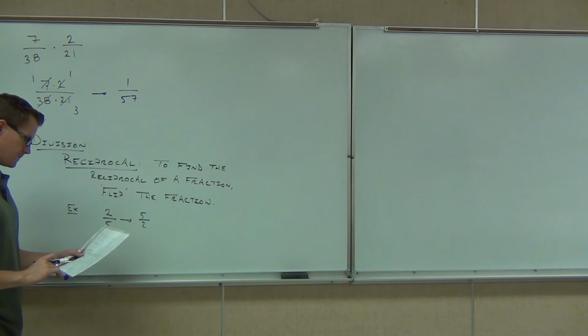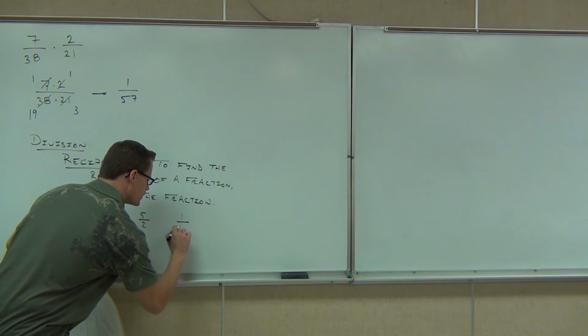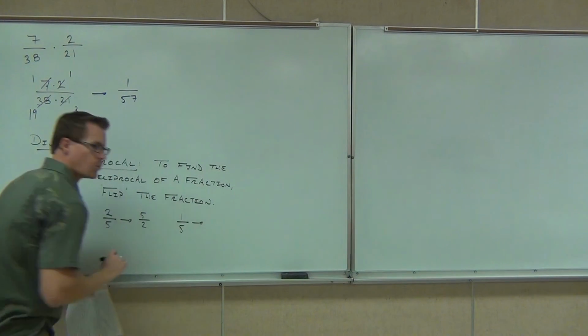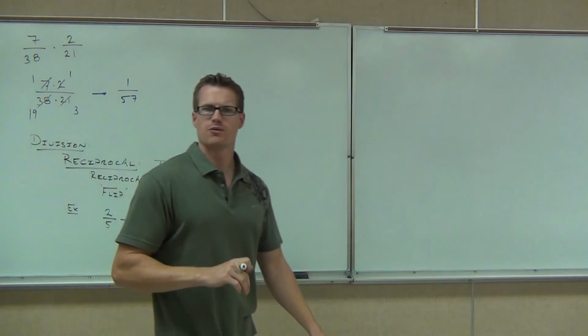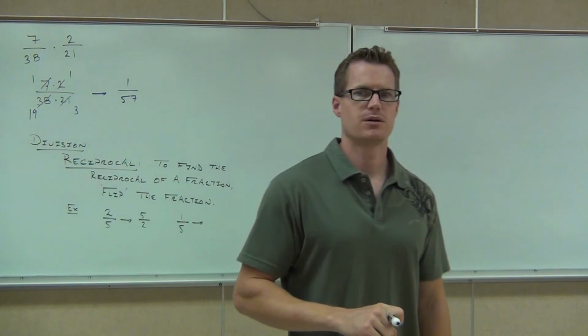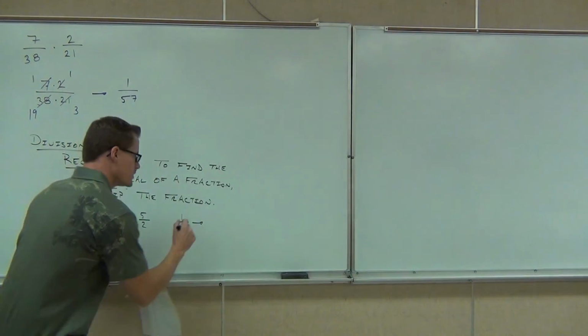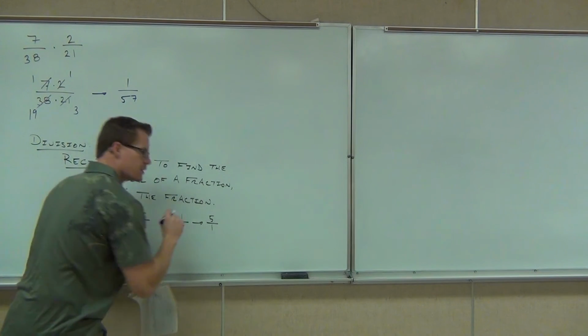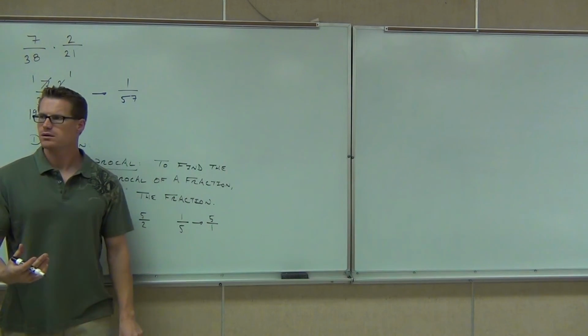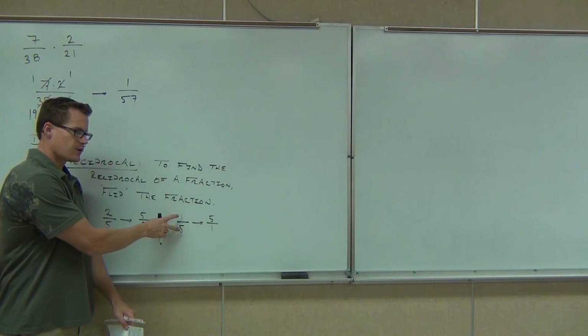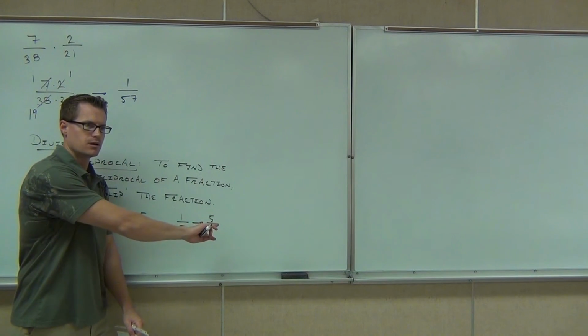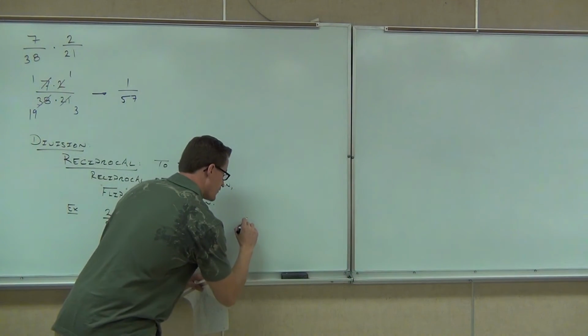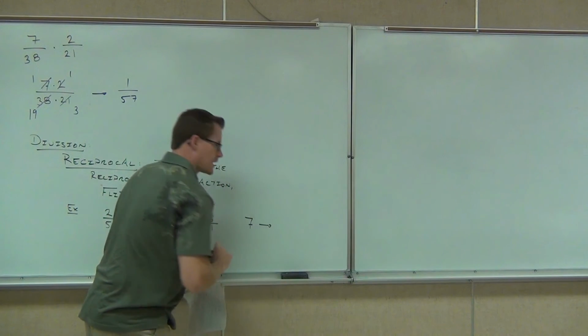How about, let's see, how about 1/5? Can you tell me what's the reciprocal of 1/5, ladies and gentlemen? Okay. Hey, when you do this and you get 5 over 1, how much is 5 over 1? 5. So if you take the reciprocal of 1/5, you could actually get a whole number out of that. Well, what that suggests is that if I have a whole number, can I find the reciprocal?